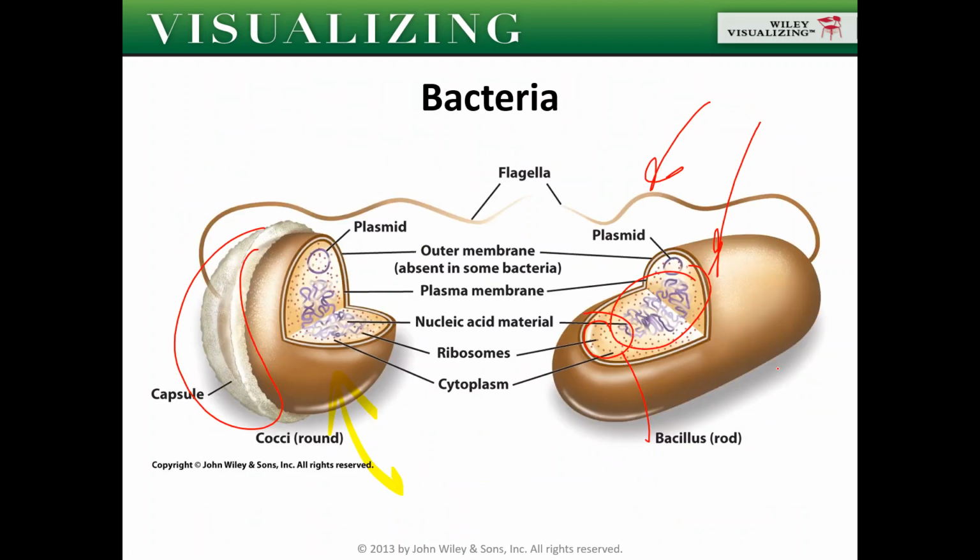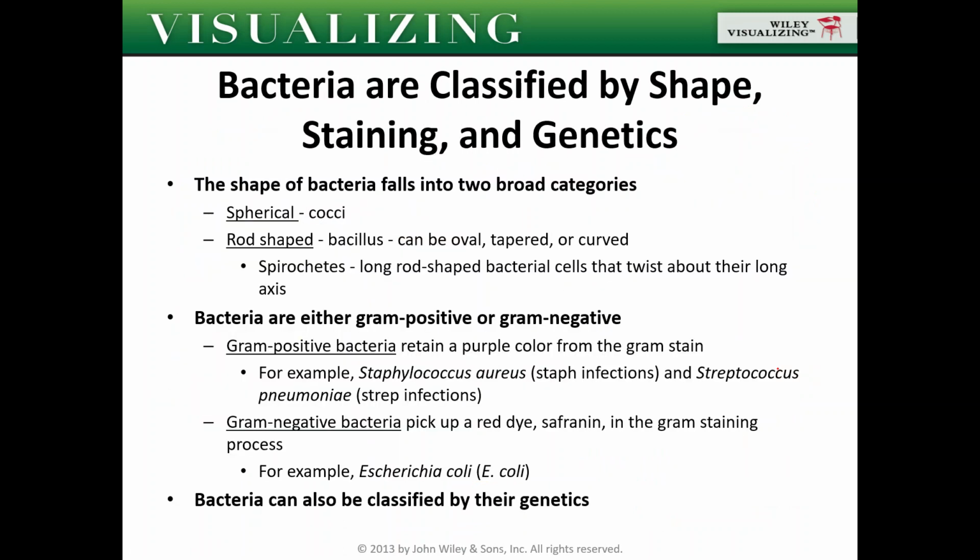Bacteria are generally classified by shape, as we mentioned, and by staining. For different microbes, if you stain them to see them under the microscope, bacteria that are gram-positive are purple or blue, due to the gram stain.